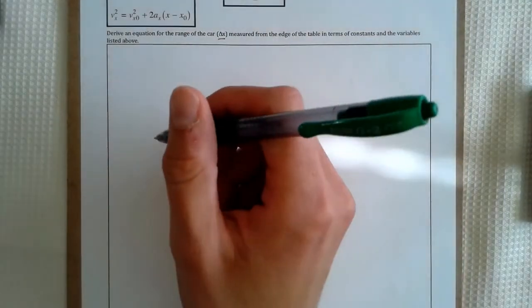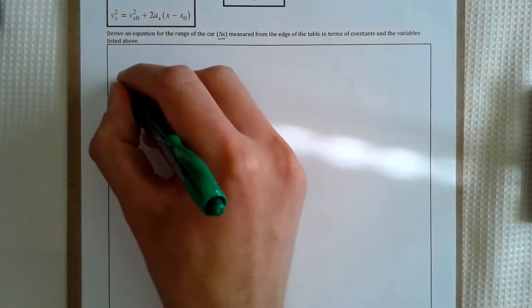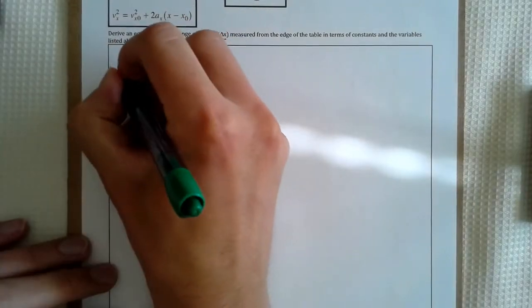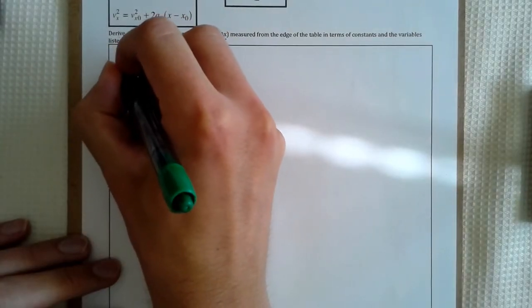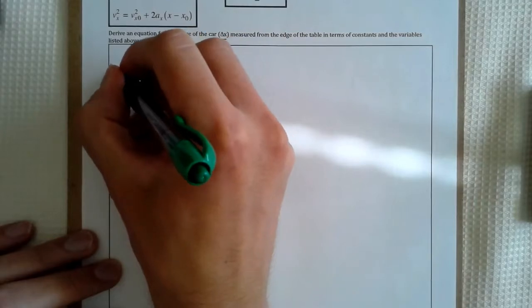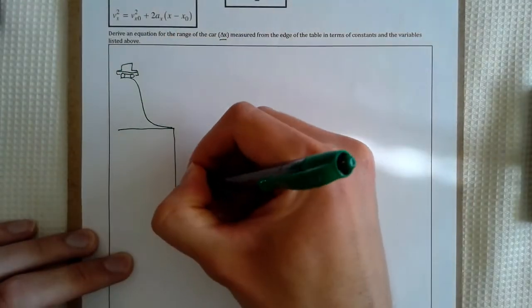I like pictures. They say a picture is worth 1.0 times 10 to the third words. So maybe we have a little ramp type thing here. Here's a little car on top, racing stripe. And here's the edge of the table.